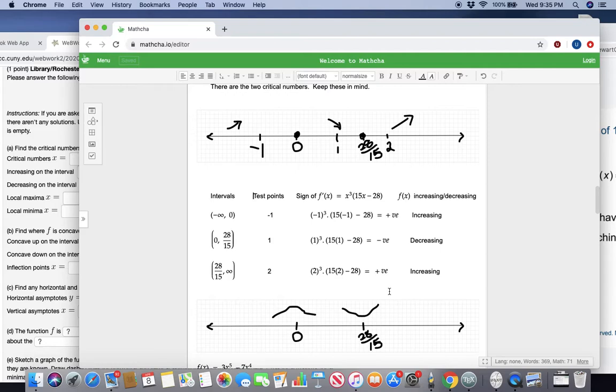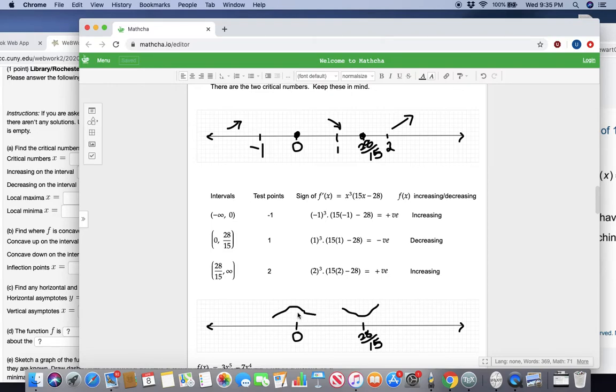So notice what that means. 0 is a critical number. I got slope 0, that is my tangent is horizontal. 28 over 15 is another, tangent is horizontal. What happened to the left of 0? I was increasing. What happened to the right of 0? I am decreasing.